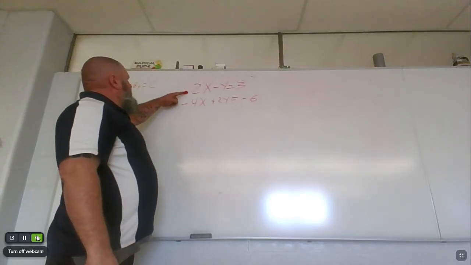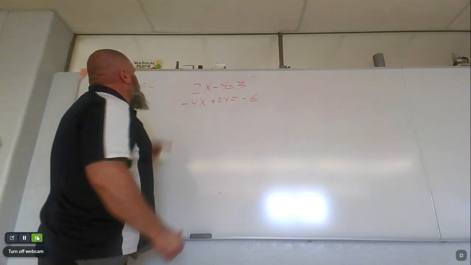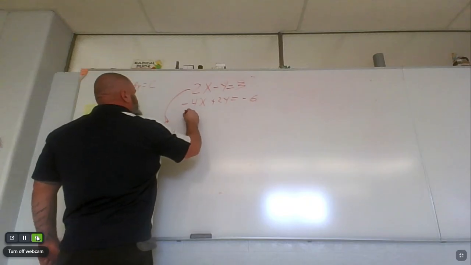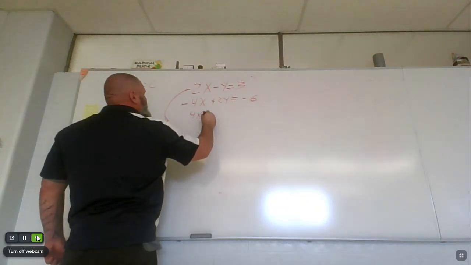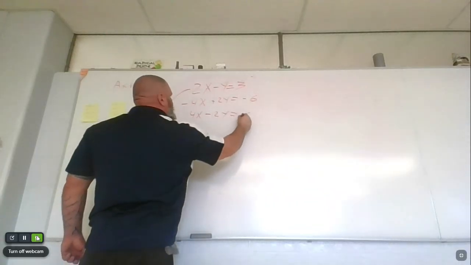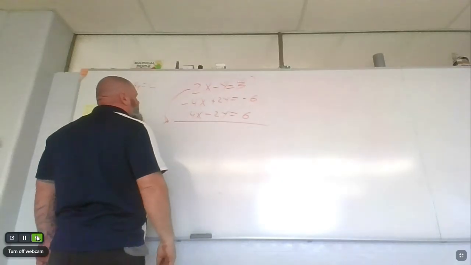Well, if I take a look at this one, let's multiply this by 2. Then that gives me 4x minus 2y equals 6.